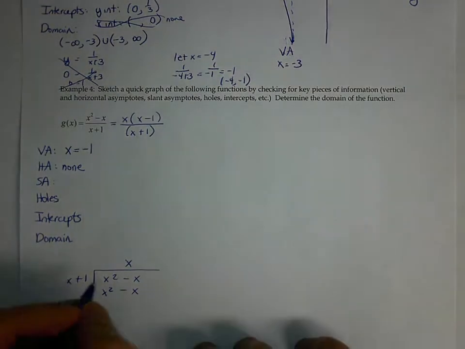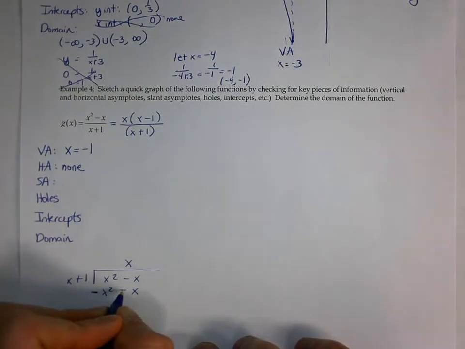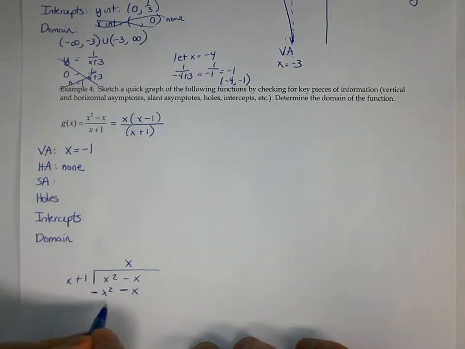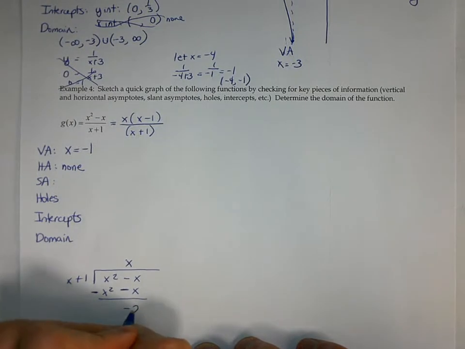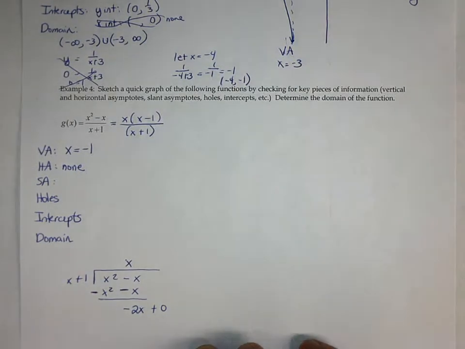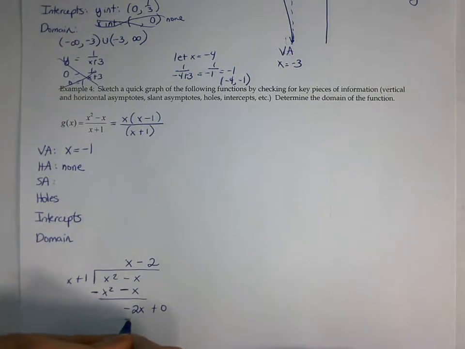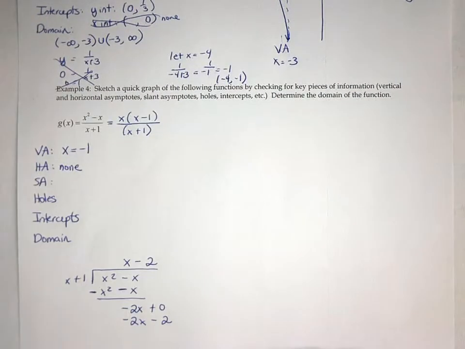Then you subtract and you switch both signs. Sorry, this one should be negative right there. It should have been plus originally. So we get negative 2x plus 0. Then what times x gives me a negative 2x? It's negative 2. So negative 2x minus 2.